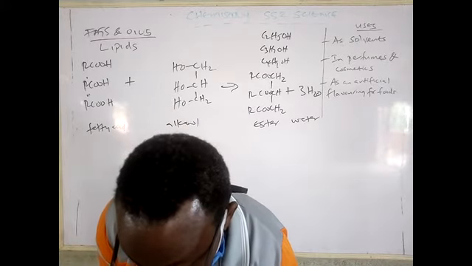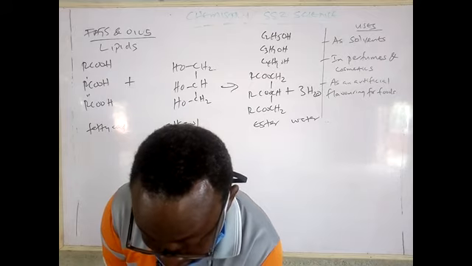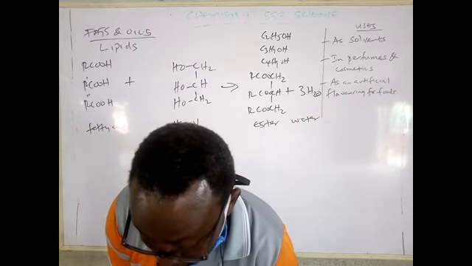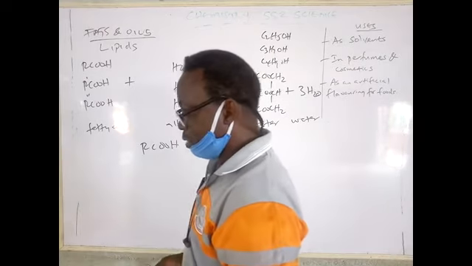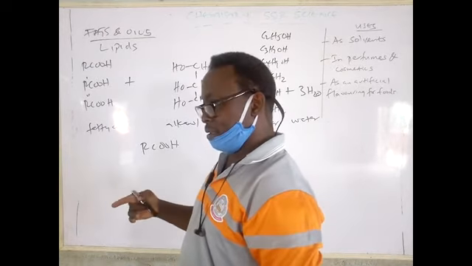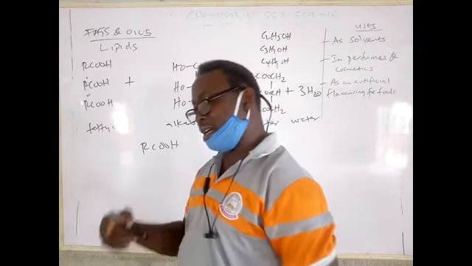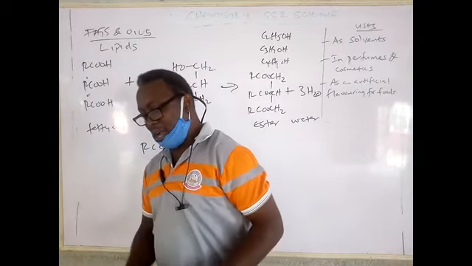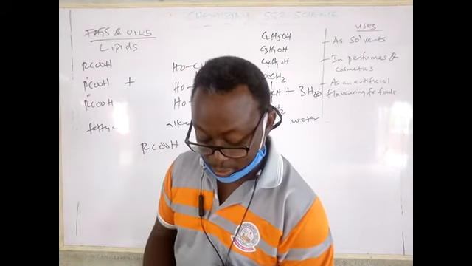Saturated fatty acids have no double bonds in the hydrocarbon chain, while unsaturated fatty acids have 1 or more double bonds in the hydrocarbon chain. If you recall, alkanes are saturated hydrocarbons. Alkenes and alkynes are unsaturated hydrocarbons, having double and triple bonds respectively in their carbon chain.